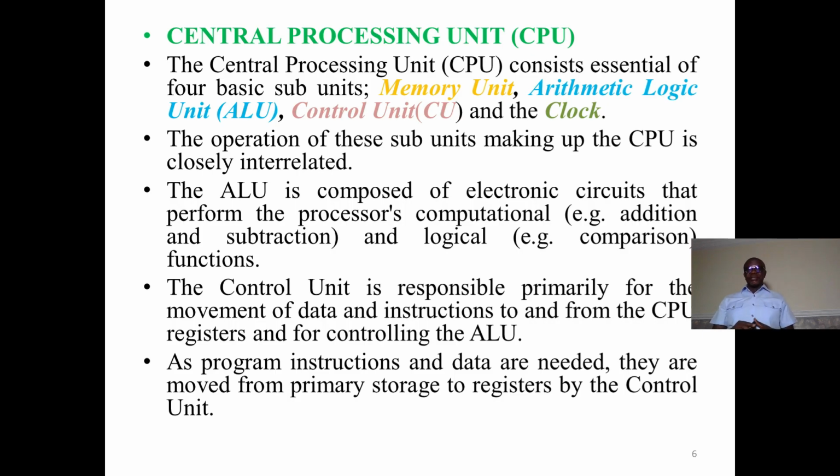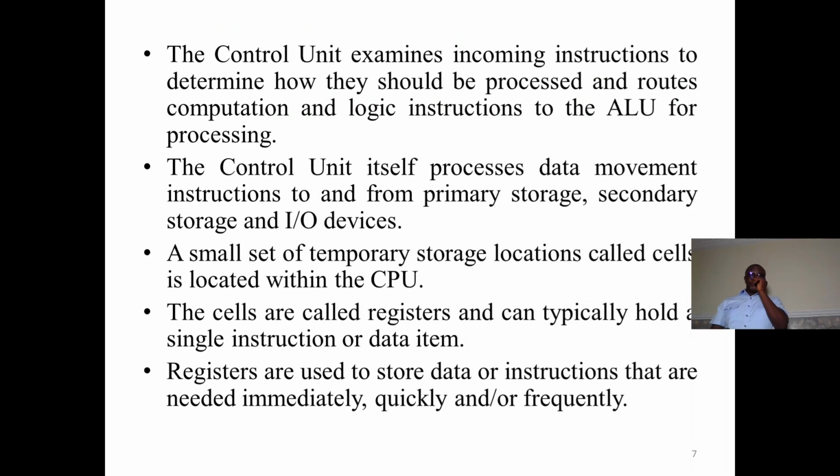The control unit is responsible primarily for the movement of data and instructions to and from the CPU registers, and for controlling the arithmetic logic unit. As program instructions and data are needed, they are moved from the primary storage to registers by the control unit.